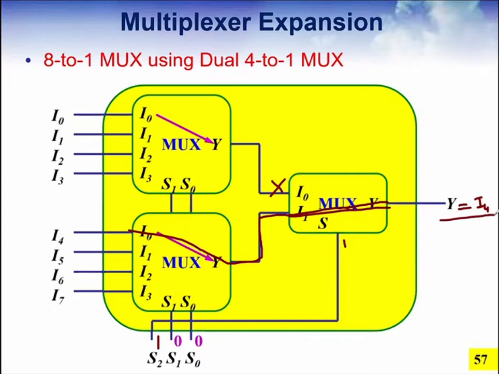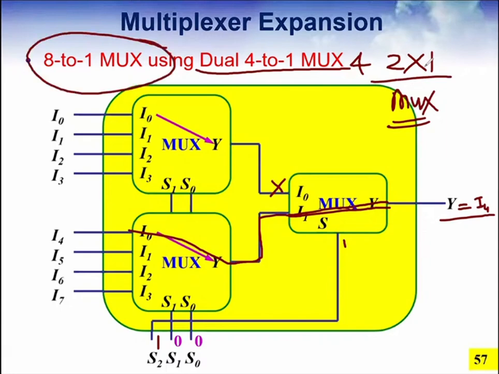So this is a 2 to 1 multiplexer. With the help of dual 4 to 1 and one 2 to 1 mux, we can design an 8 to 1 mux. This is the key point. Say, for example, I don't have an 8 to 1 multiplexer with me, but I have 4 to 1 multiplexers and a 2 to 1 multiplexer, and I want to design a larger multiplexer.